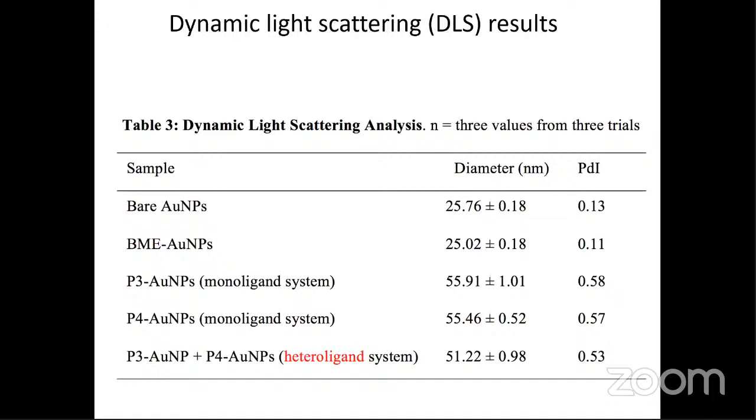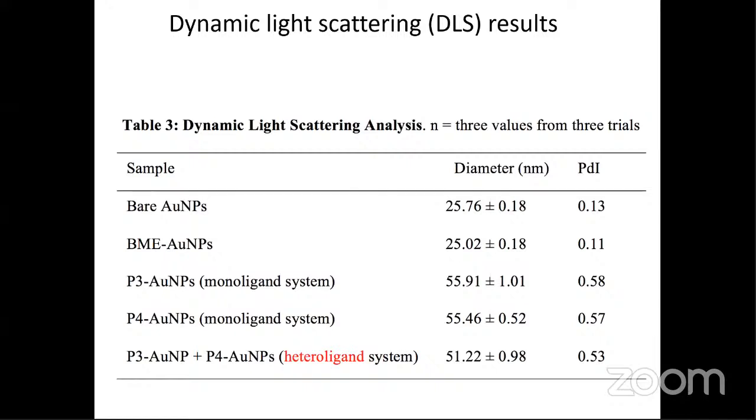To see the aggregation at a more macro level, we use dynamic light scattering to measure the size. You can see the first two lines are controls, either bare nanoparticles or just nanoparticles with modifications, but they do not show any aggregation.